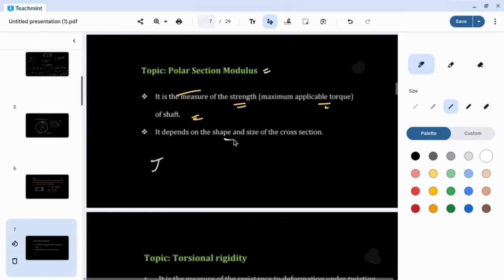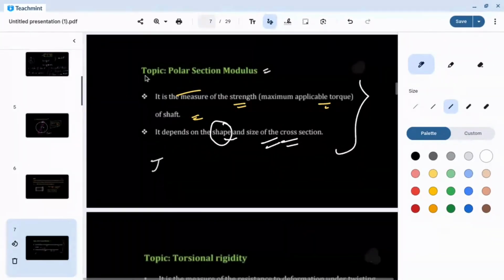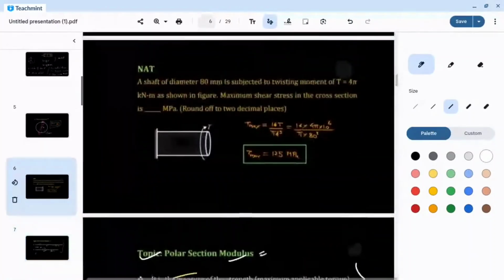It depends on the shape and size of the cross section. See, for the polar section modulus, it is just like strength. It is the maximum applicable torque of the shaft. It depends on the shape and size of the cross section.